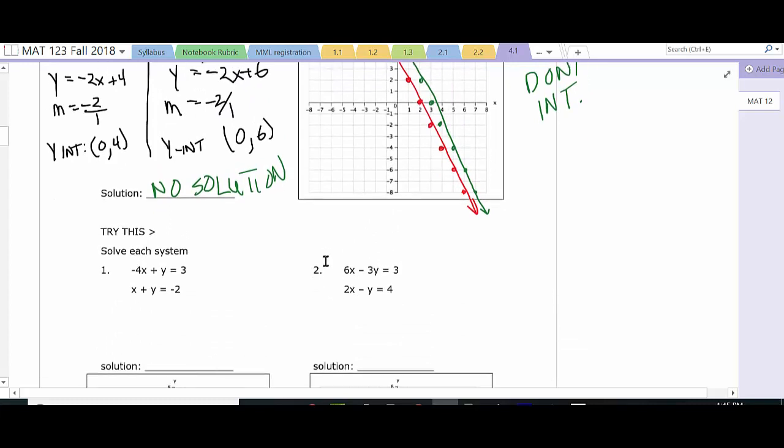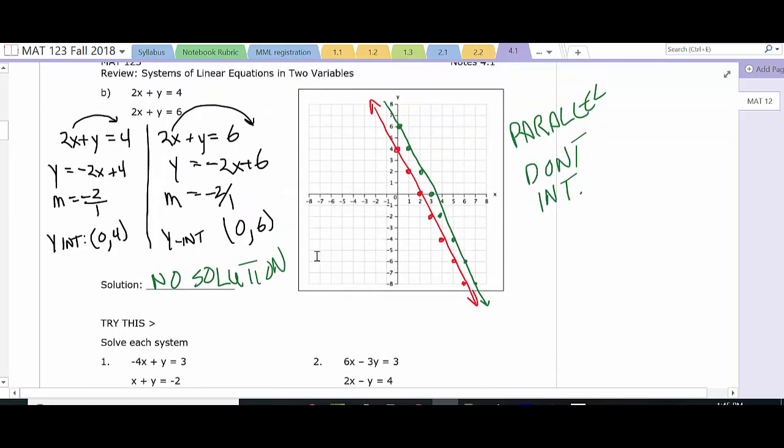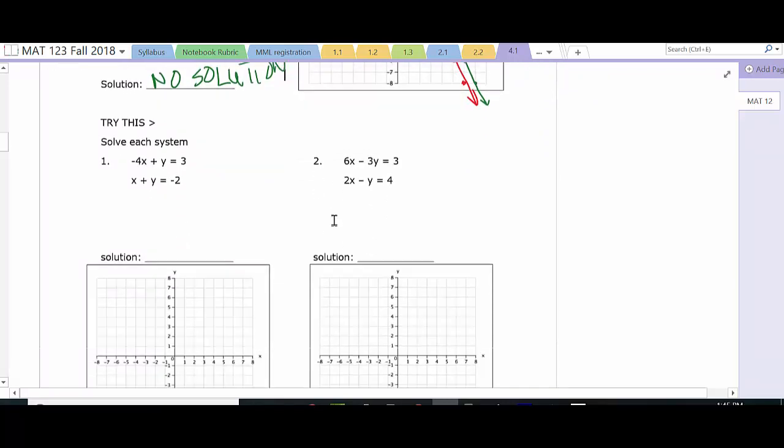I'll come around and see if you're on track with these. You want to solve for y, then use that information to do your graphing. So I need to see that everybody's okay on how to do this.